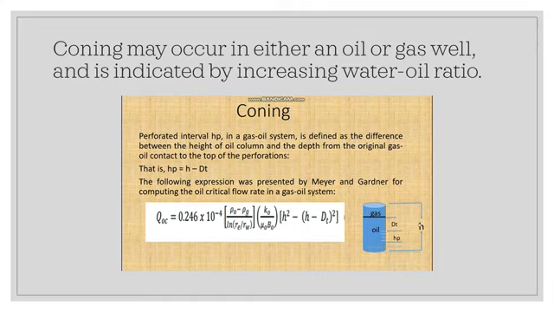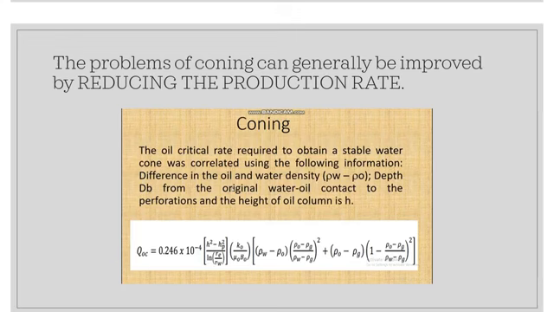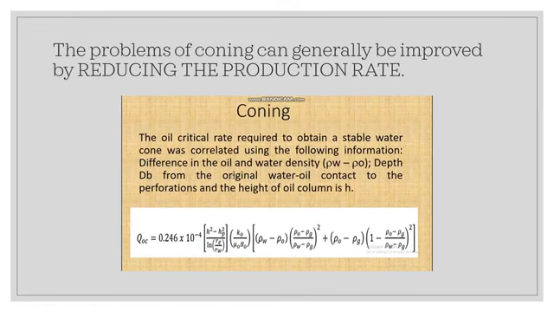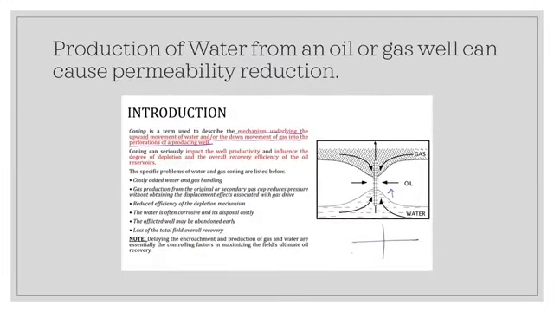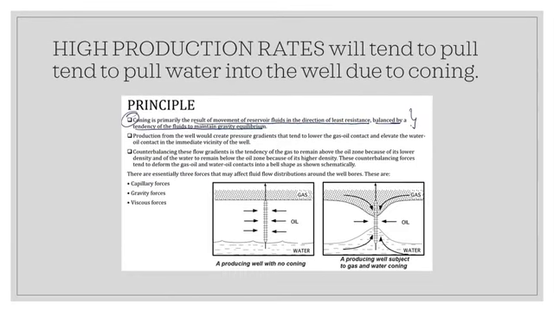Coning may occur in either an oil or gas well, as indicated by an increasing water-oil ratio. Problems of coning can generally be improved by reducing the production rate. Production of water from an oil or gas well can cause permeability reduction. High production rates will tend to pull water into the well due to coning.